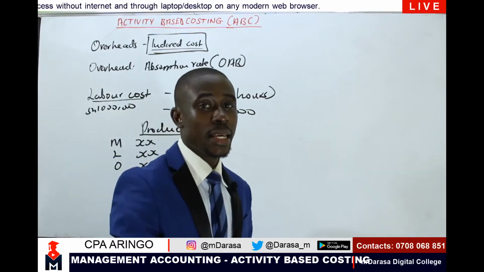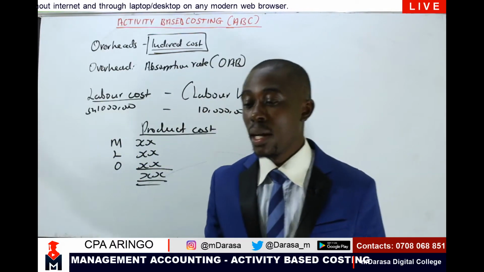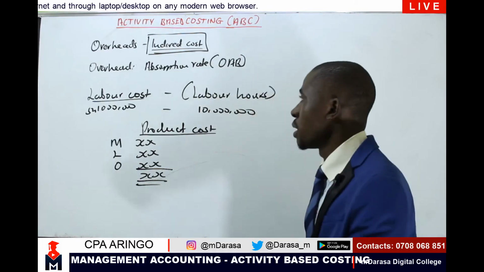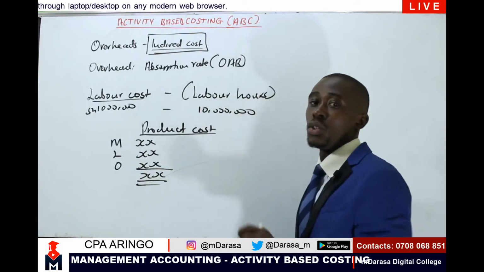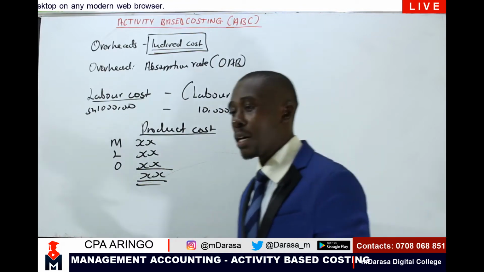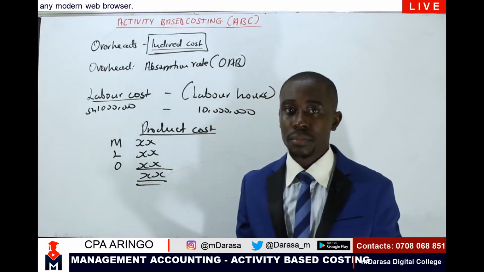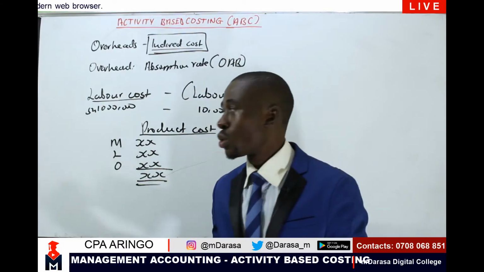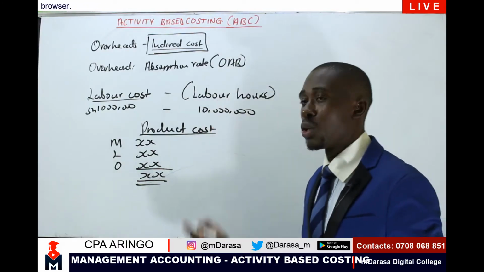So, linking activity-based costing with what we did earlier in relation to traditional costing, this is where ABC will come in. In traditional costing, we are using such bases of allocation.